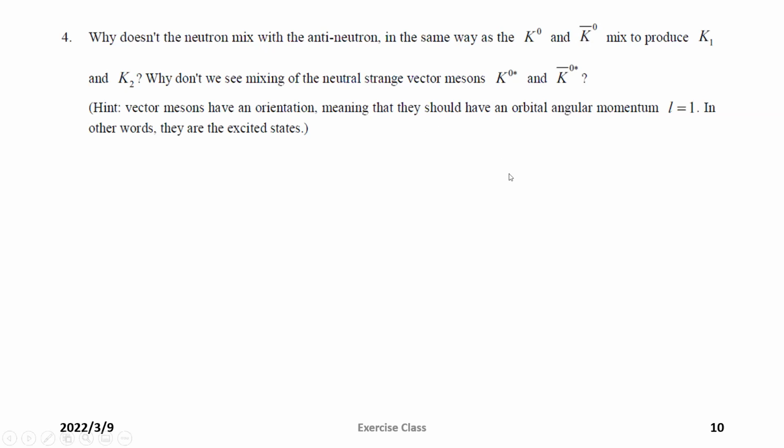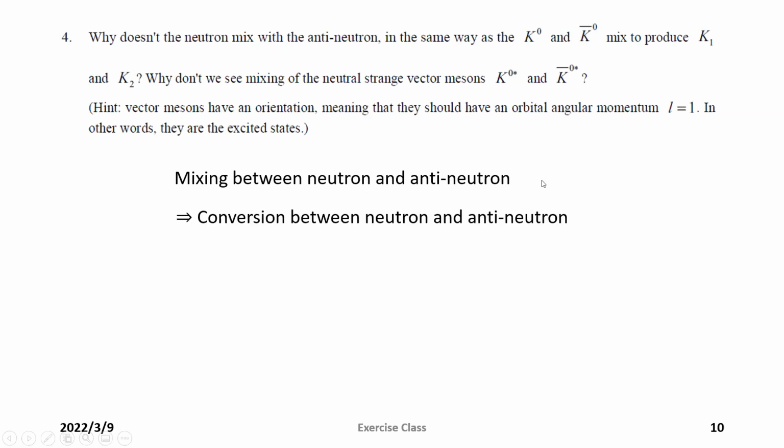Let's suppose we can mix neutron and anti-neutron. Then that would imply the conversion between a neutron and anti-neutron. But this conversion will violate baryon number, because neutron has a baryon number of 1 and anti-neutron has a baryon number of -1.